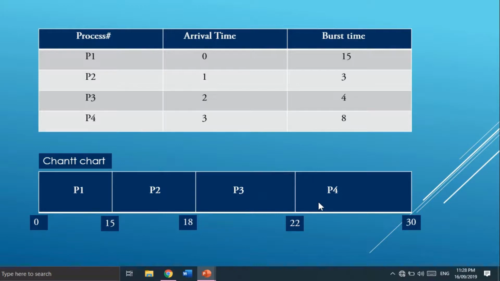For the process P4, it will be the sum of the execution time of P1, P2, and P3, so the result will be 30. 15 plus 3 plus 4 plus 8 is equal to 30. This chart perfectly represents the time for each process.